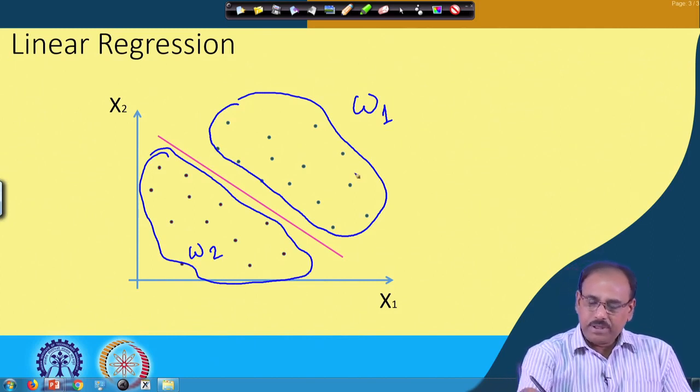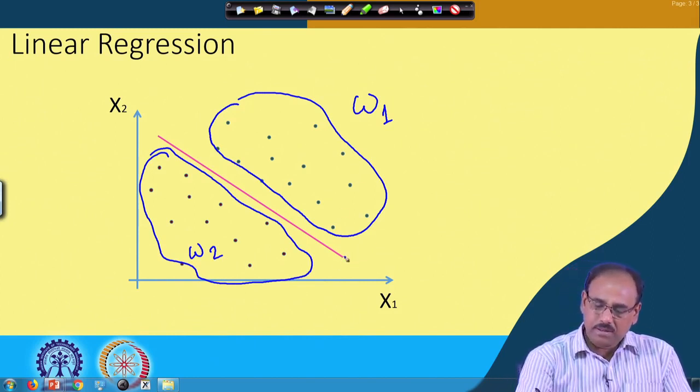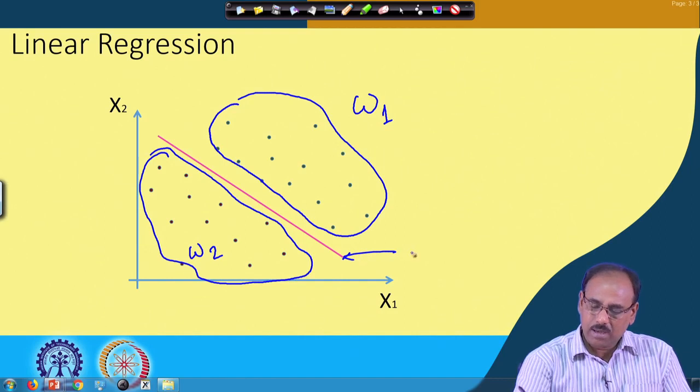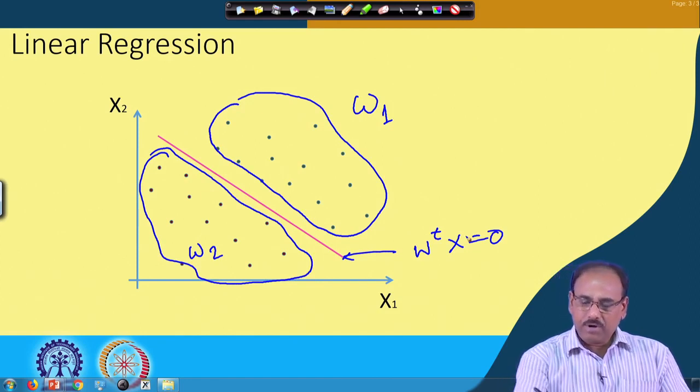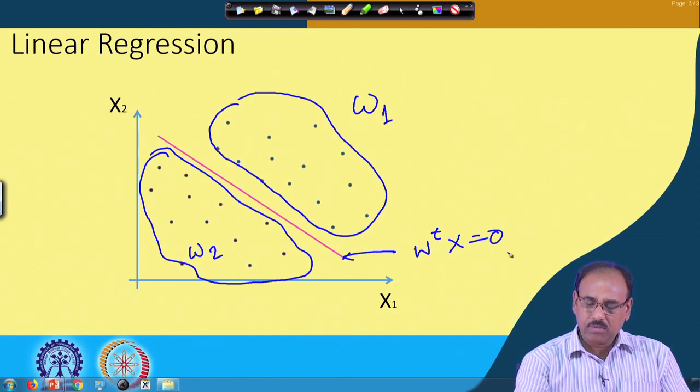This is my hyperplane given by the equation w transpose x equal to 0. You find that for every point belonging to omega 1, w transpose x will be greater than 0. For every sample belonging to class omega 2, w transpose x will be less than 0.